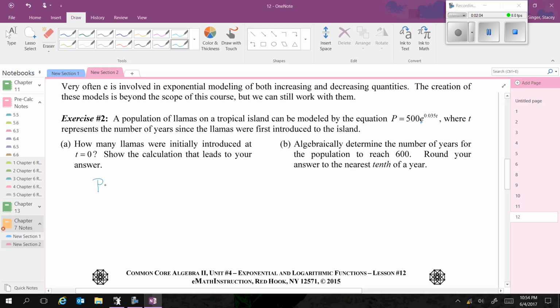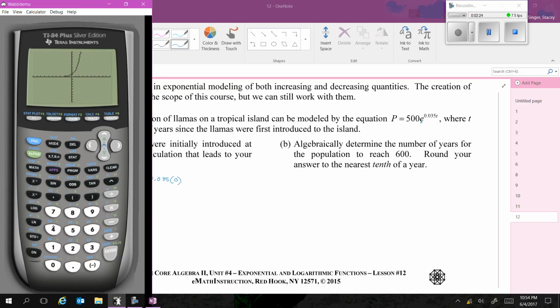So p would equal, that's going to be the population, 500 e raised to the 0.035, and t is equal to the years. So I type that in my calculator. 500 times e, I want an exponent of 0.035 times t.